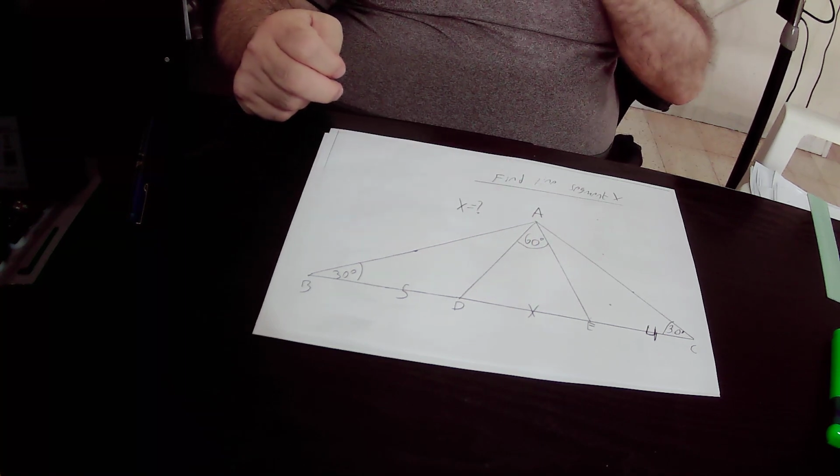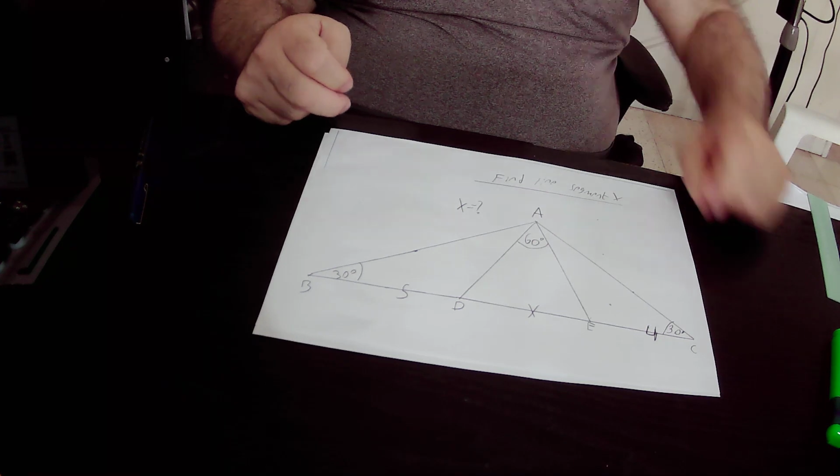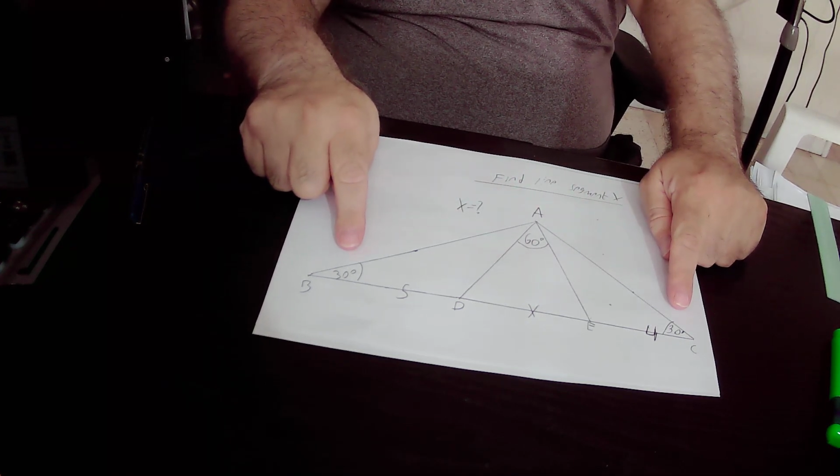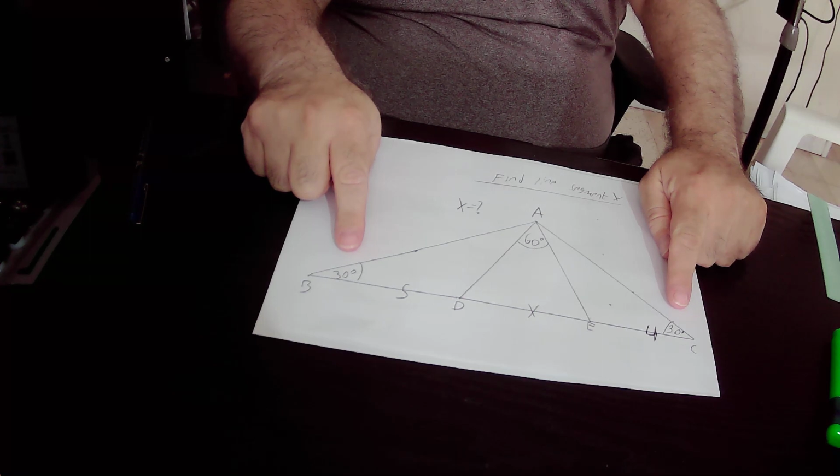First of all, we'll focus on triangle ABC. In triangle ABC, those two angles are equal to each other, they are both equal to 30 degrees.